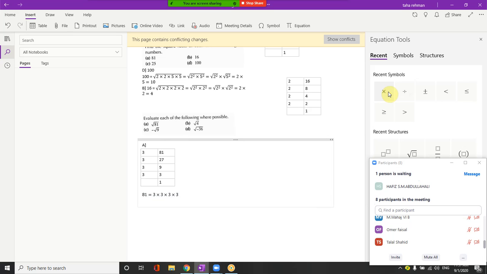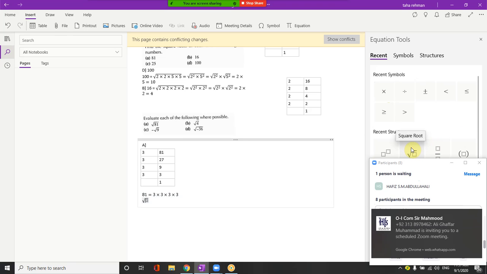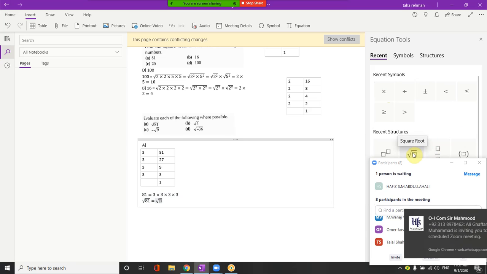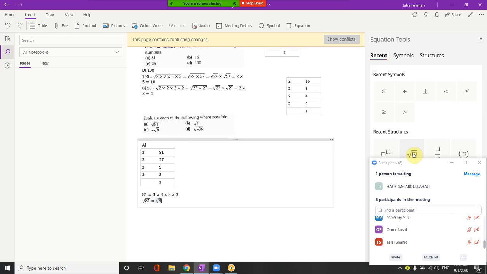We can write it like this: under root 81 equals under root of 3 times 3 times 3 times 3.